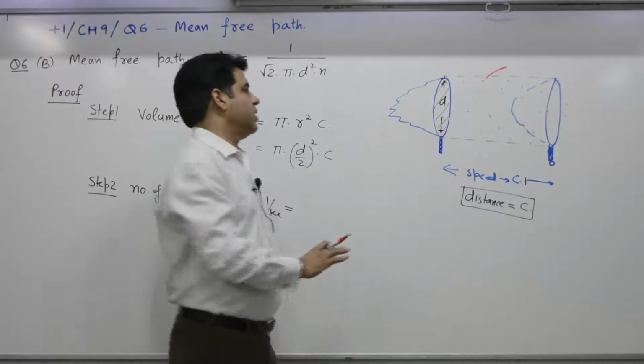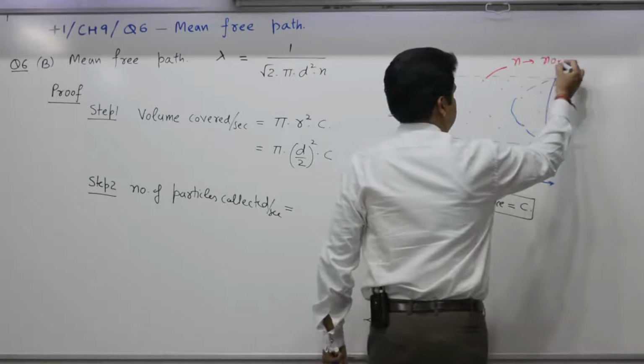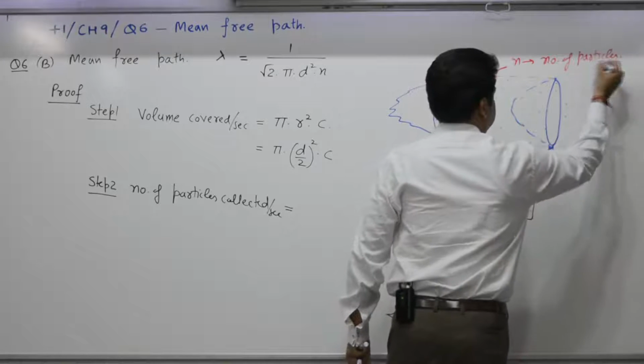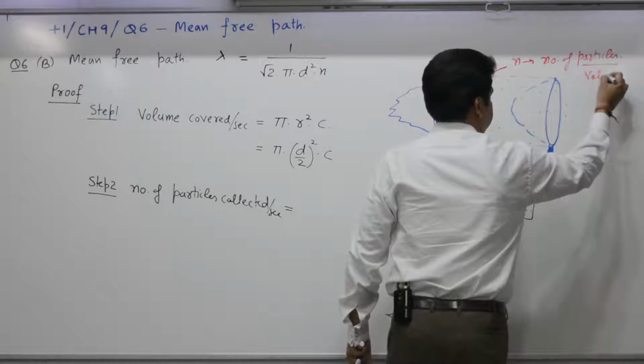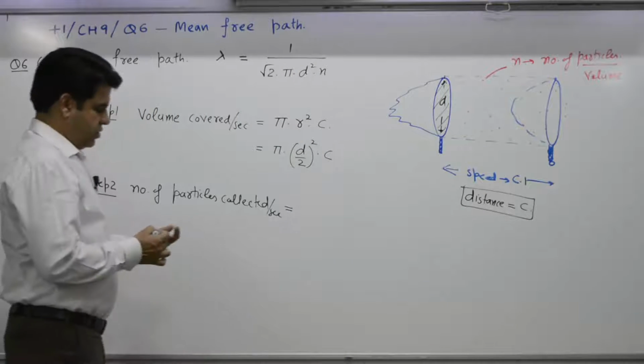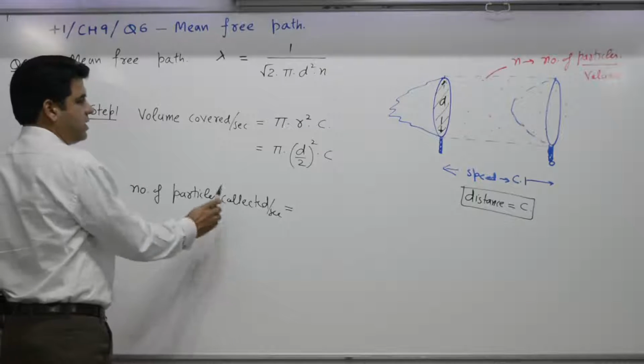I repeat, N represents number of particles per unit volume. If N represents number of particles per unit volume, how many particles are collected?